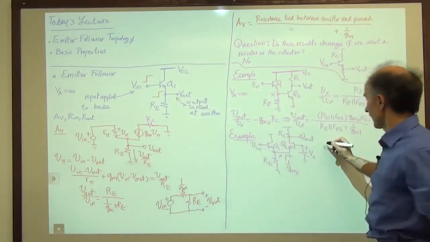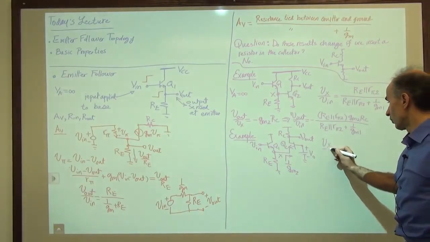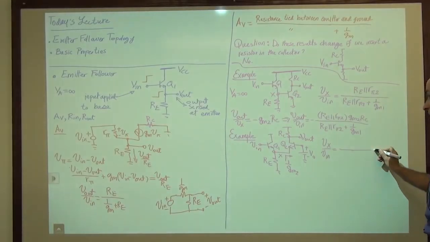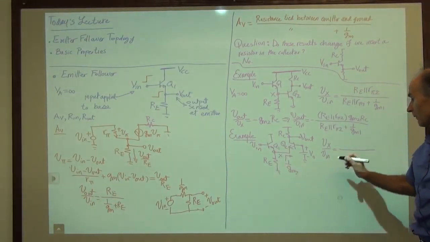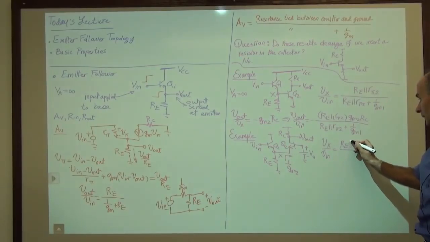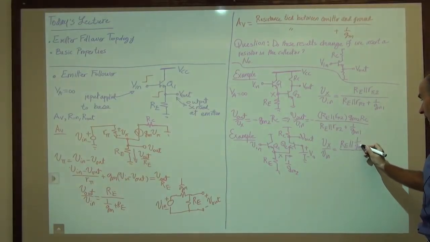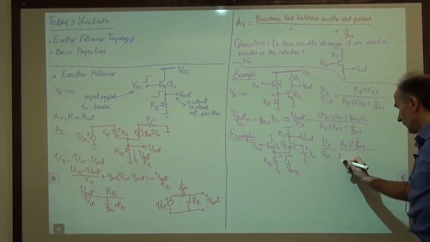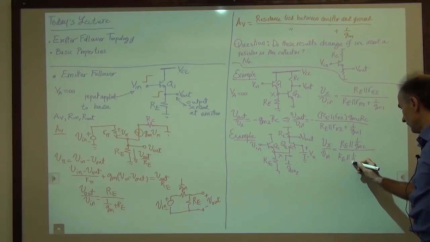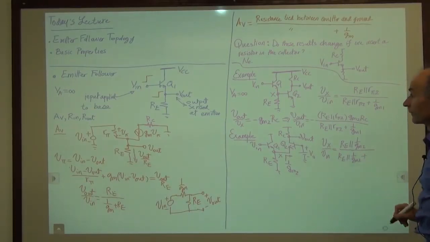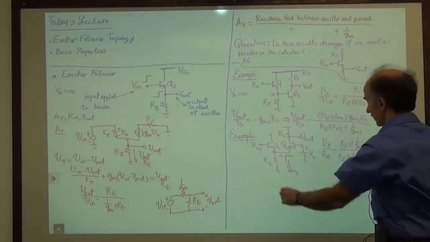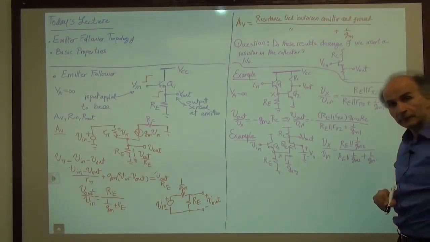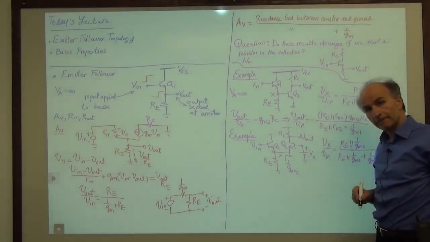So that tells us that Vx over Vin is equal to Re in parallel with 1 over Gm2, divided by the same resistance, Re in parallel with 1 over Gm2, plus 1 over Gm of the device, this guy here, so 1 over Gm1.